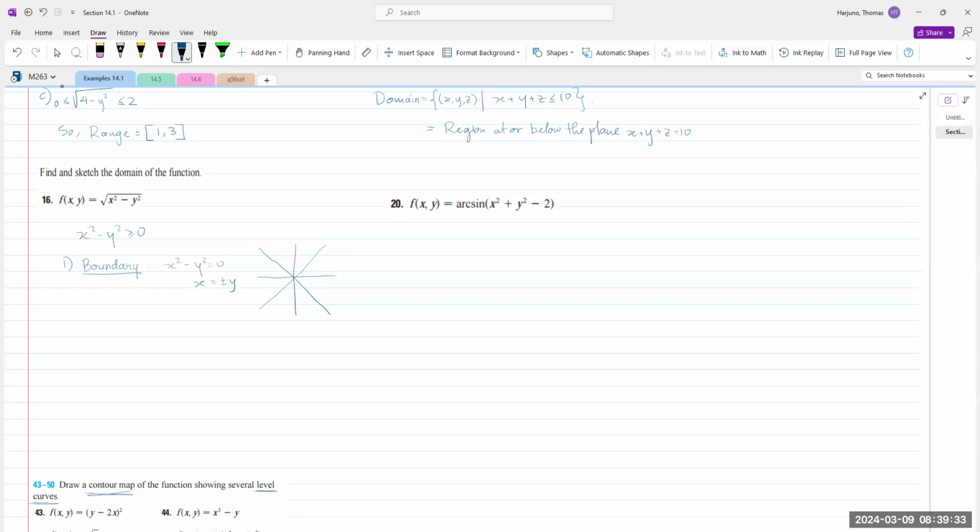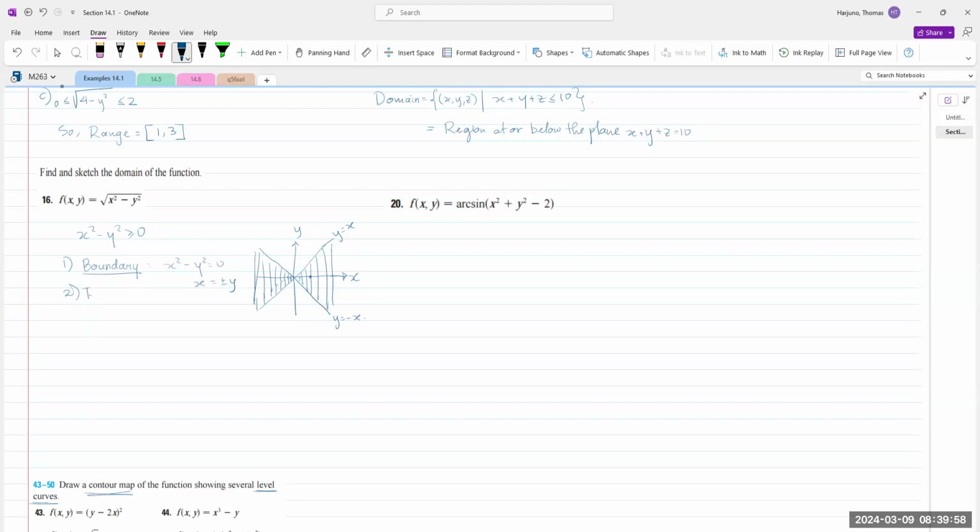If I test the points, I will see that the region is actually here. If this is the x-axis and this is the y-axis, that will be the region. This is y equals x, and this is y equals negative x.